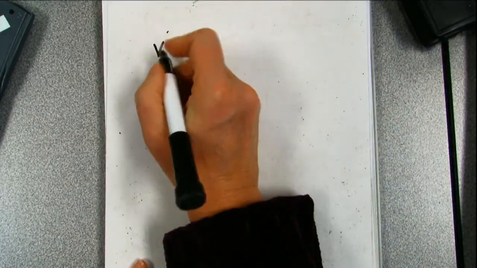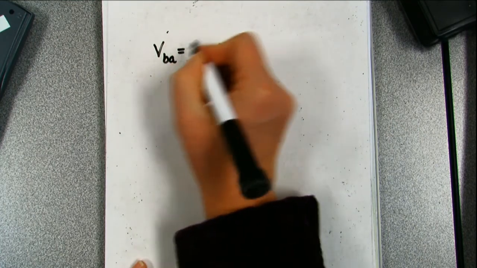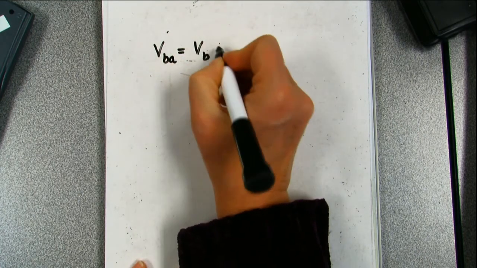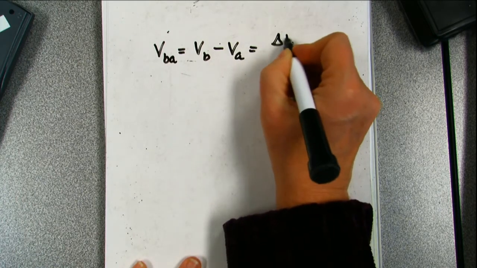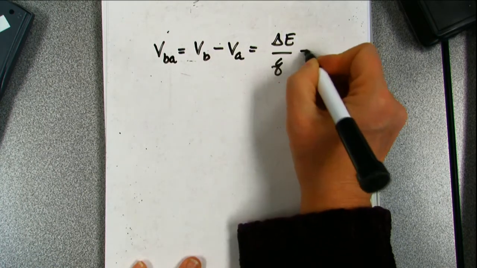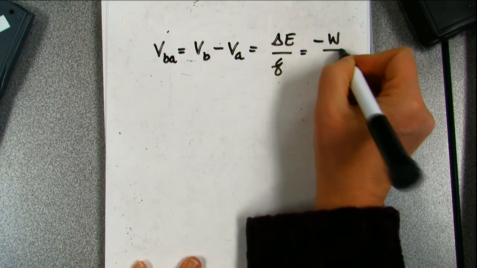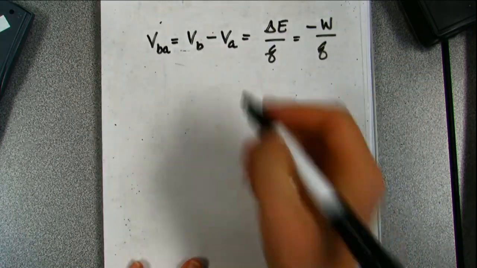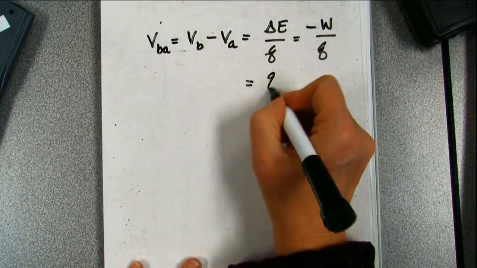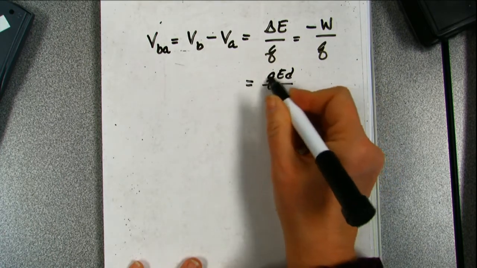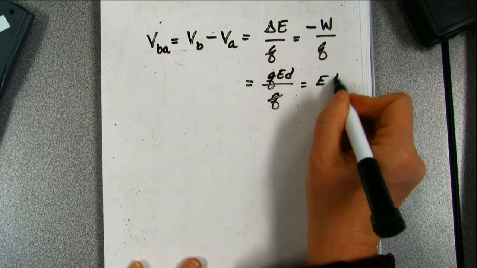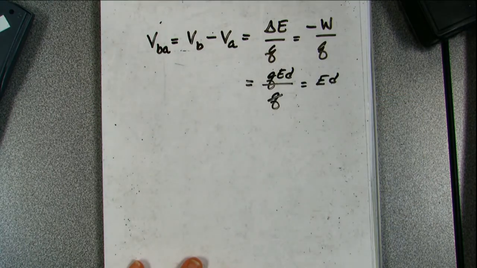So I've got the potential, or my change in potential. It's going to be the change in energy divided by Q, which is going to be negative the work divided by Q, which we already said, if this is QED divided by Q, that just becomes ED. So let's look at the units.